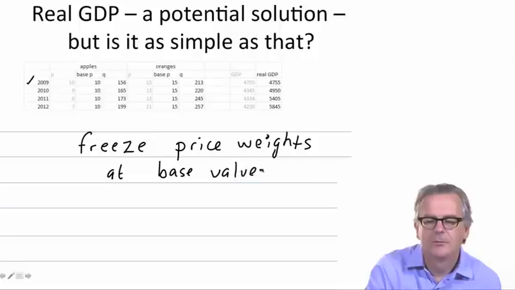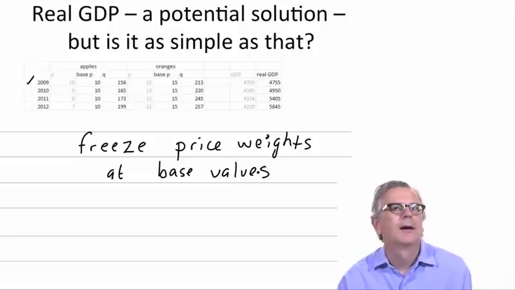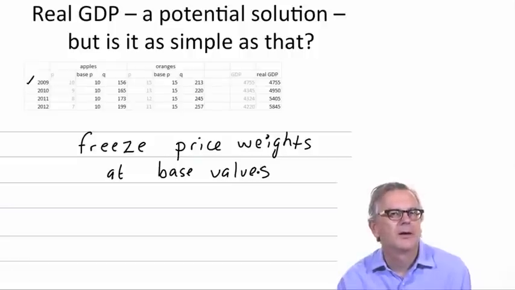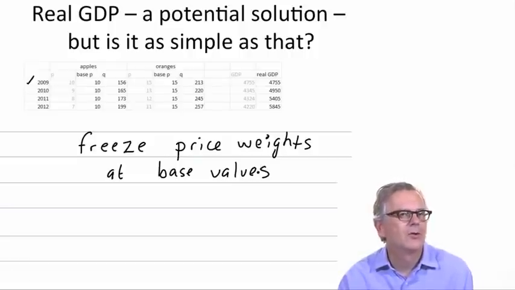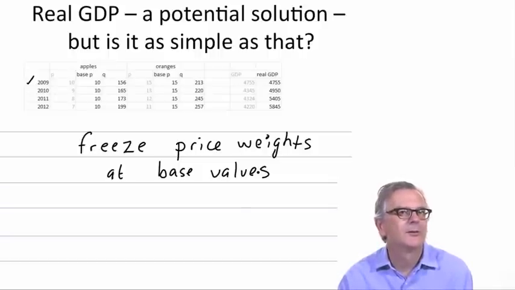You'll recall when we talked about nominal GDP, about how commodities in the economy are weighted according to their price, and I argued, well, that was actually a pretty good thing as long as you accept that prices are a legitimate measure of the social value of commodities.